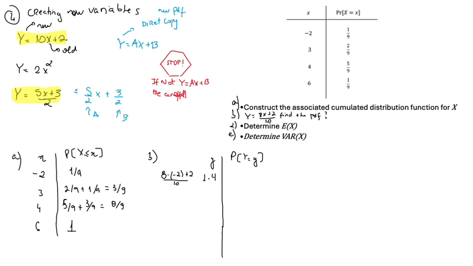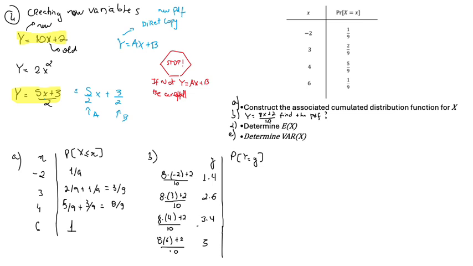What's the value of y when x is 3? Again, just evaluate your formula. This is 3 times 8, which is 24, plus 2, 26 over 10. This is 2.6.